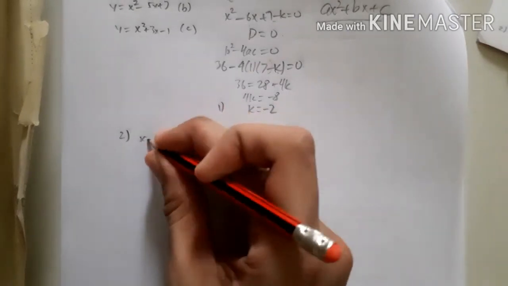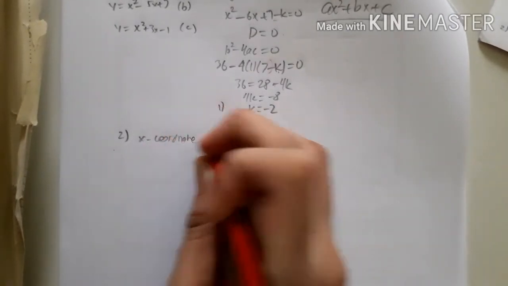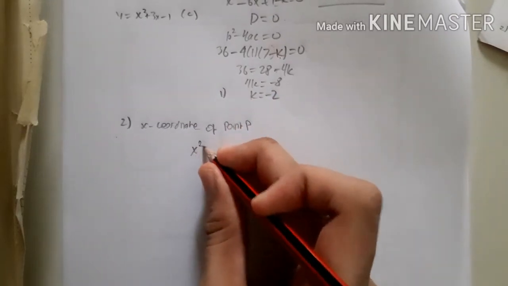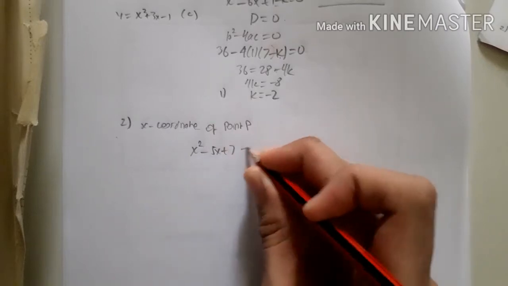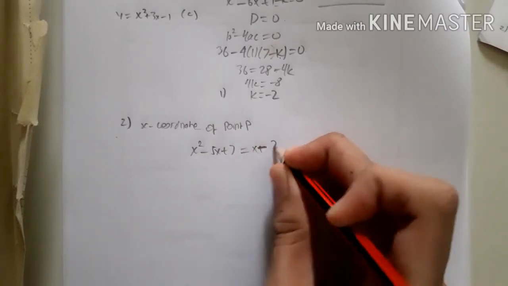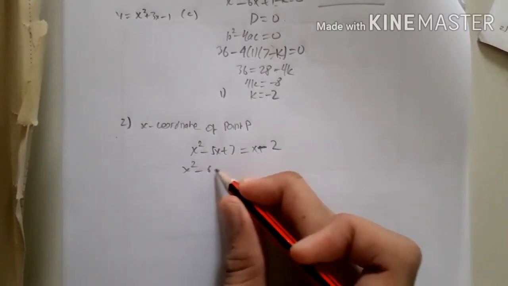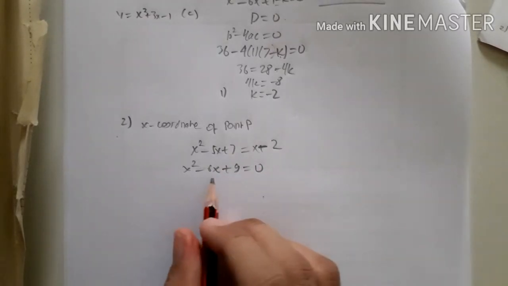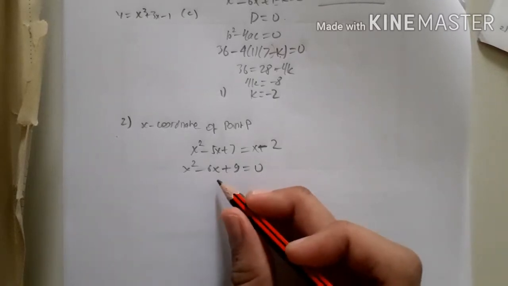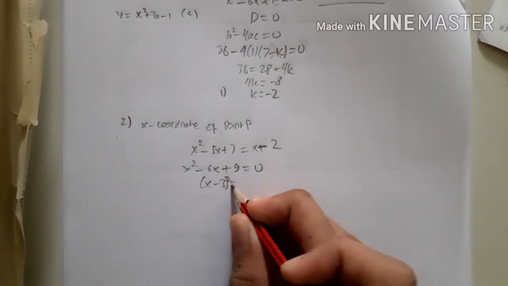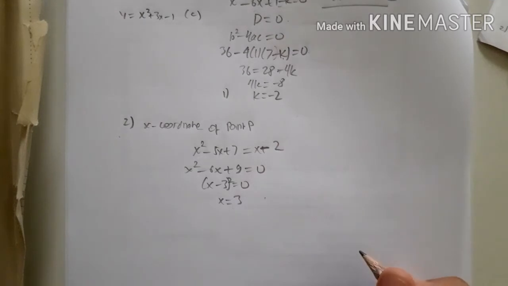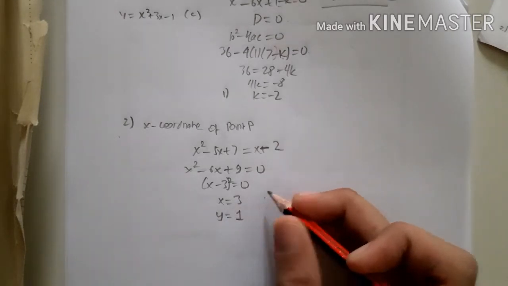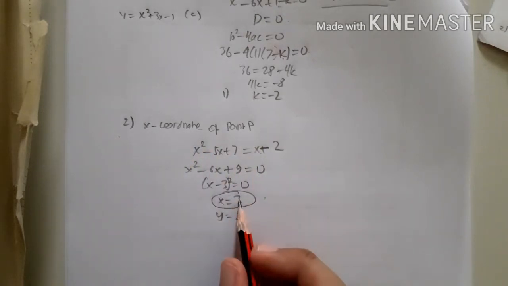So we use the equation like this and find the roots of this quadratic equation. We just factorize that, so x equals 3, and when x equals 3, y is 1. So the x-coordinate of point P is 3.